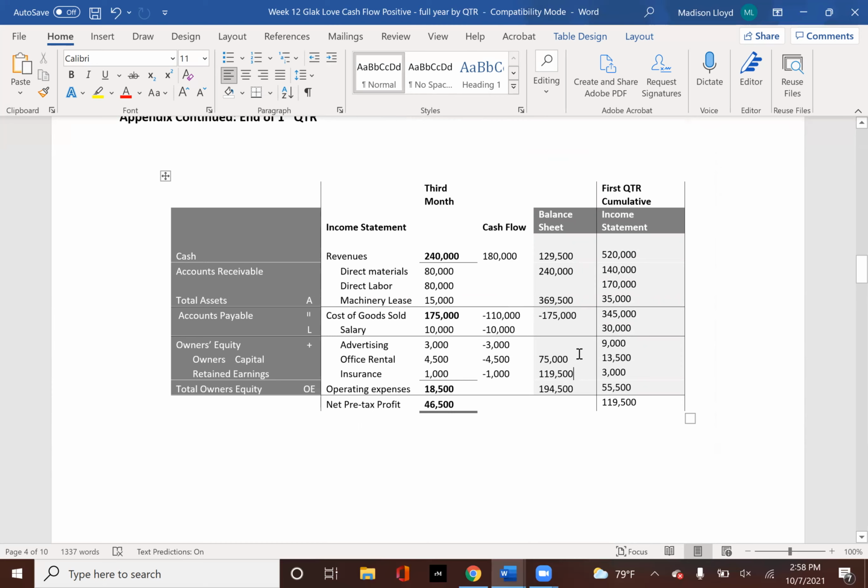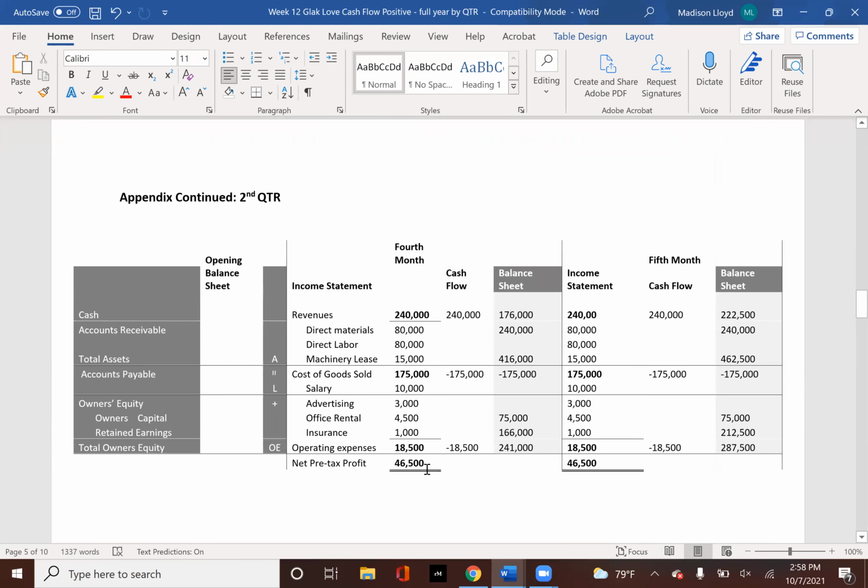So take $119,500 plus this month's profit, $46,500, and you'll come out with $166,000. We add our retained earnings plus our owner's capital and get our total owner's equity of $241,000.